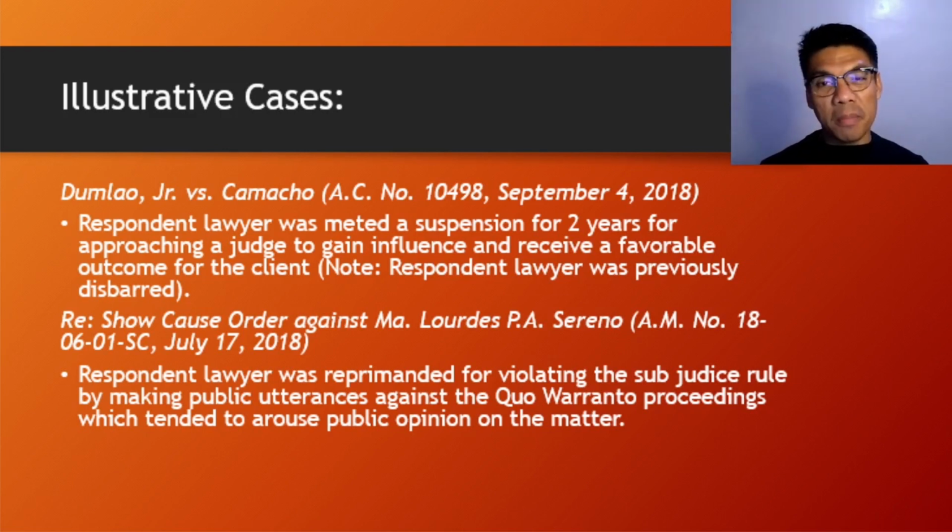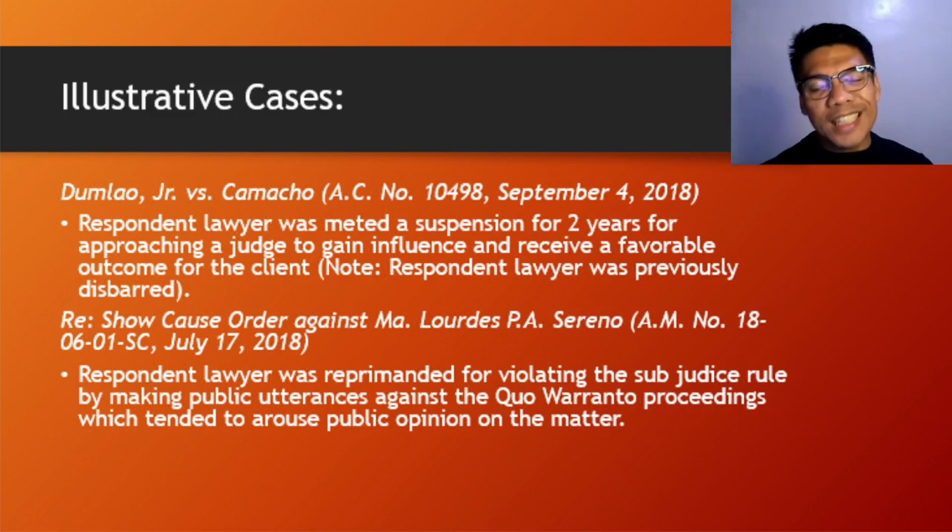If you still remember, ex-Chief Justice Sereno appeared in several media outlets, shows, and even gatherings of lawyers, of NGOs, and even, I think, public officials. She appeared there and she attacked the quo warranto proceeding against her, calling it a travesty, the control that the executive department has over the Supreme Court.